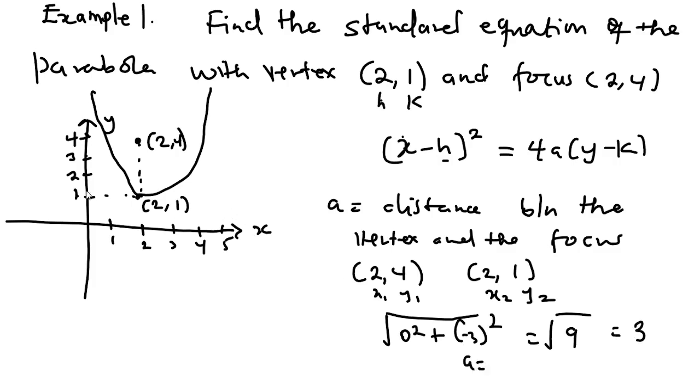The same way, if you count from here, 1, 2, 3, you're going to get our A. Alright, so our A is 3. The same way, since this is on the vertical axis, the difference between the y coordinates will give you the A. So you have 4 minus 1 giving us 3, and that is for the A again. All right, so that is that.